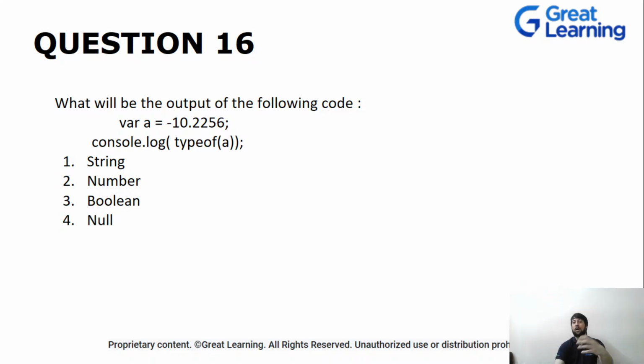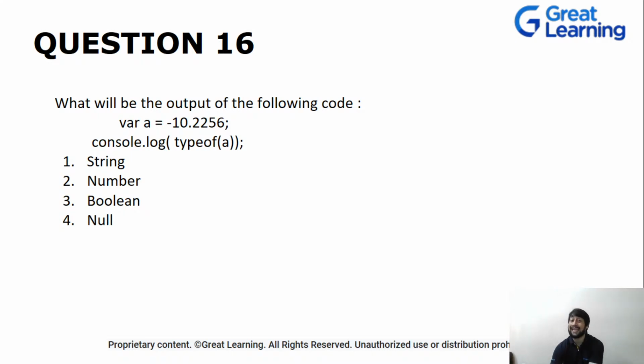What will be the output over here? So you have a equal to minus 10.2256. Then I'm doing console.log type of a. So typeof is an operator, or you can say it's a method, which helps you check the type of that particular value or variable.